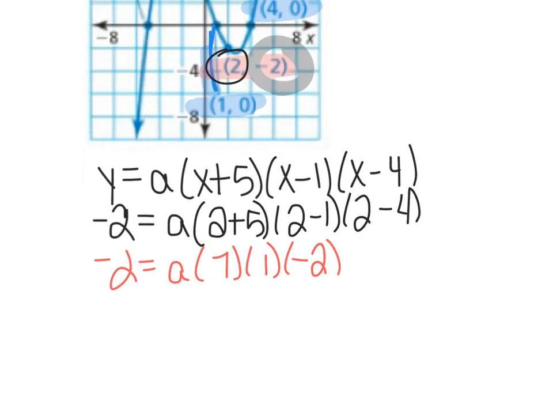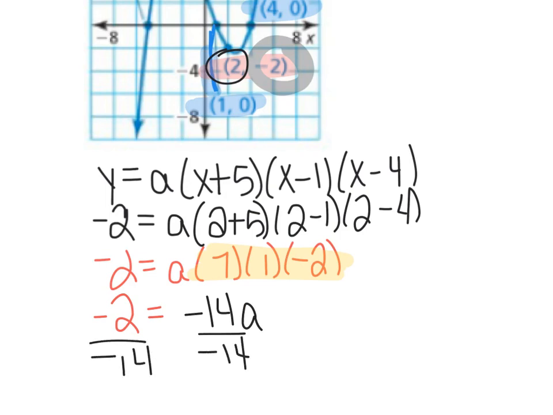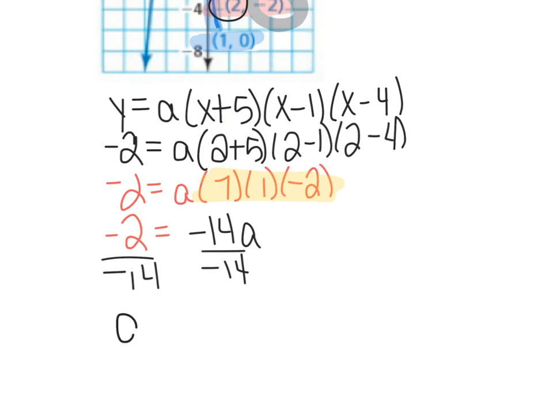Then I've got -2 equals, well, if I multiply 7 times 1 times -2, I get -14a. If I divide by -14, I get that a equals 1/7. So my final answer is not just what a is.